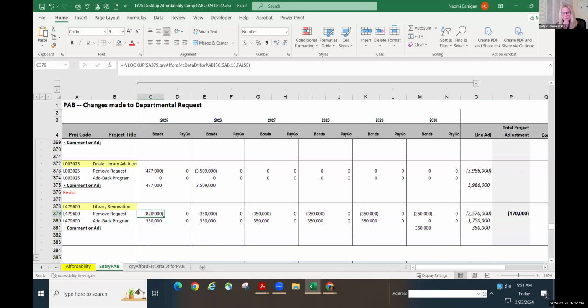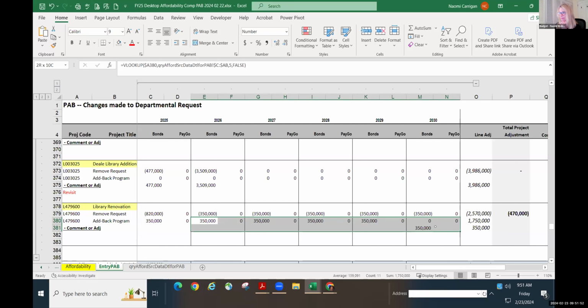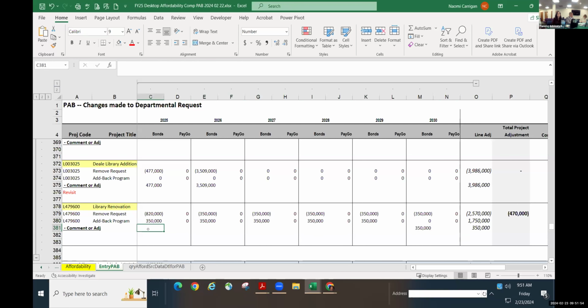So what if we left it in for next year, but we went lower in the out years and just went to 150 for now? So reduce their current programming to about 150, 200, but give them what they were looking for in 25?